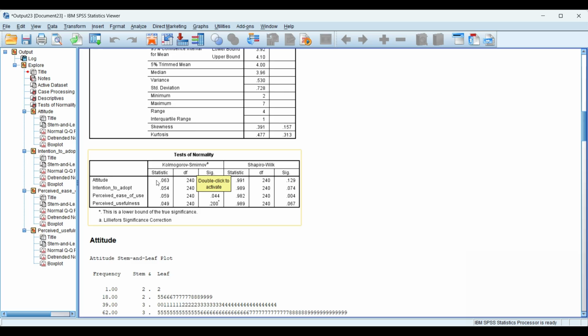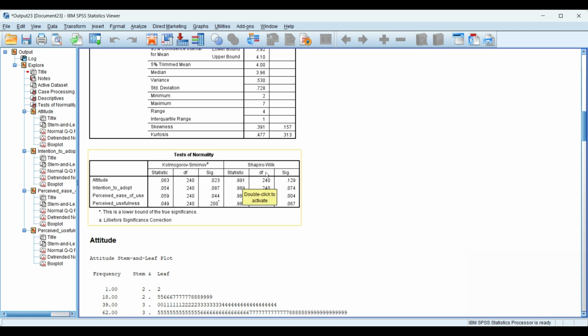Shapiro-Wilk test. So you can see the measurement scale attitude has a statistic value of 0.063, which is significant. It means the value of p is lower than the significance level 0.05. So it means the data is not normal.